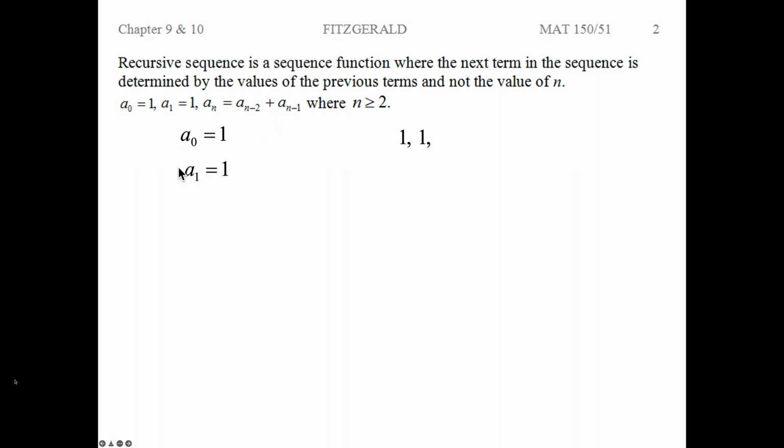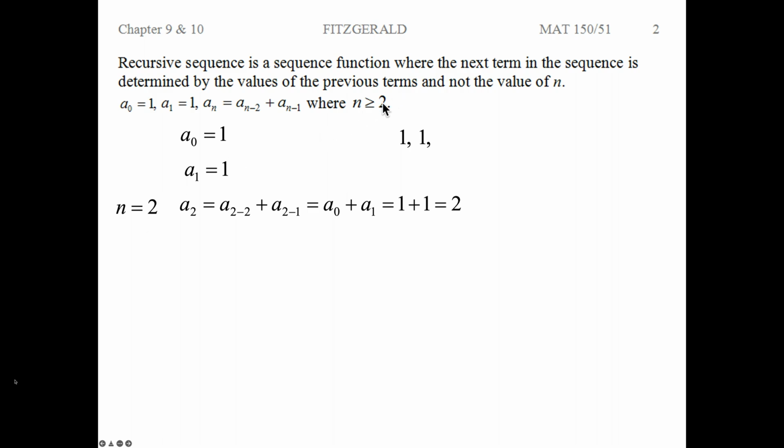So here's my sequence so far. A sub 0 is 1. A sub 1 is 1, 1 comma 1. So they're the first two terms of my sequence. In this case they decided to start with 0 for the n. Now, to start using this function, n has to equal 2.